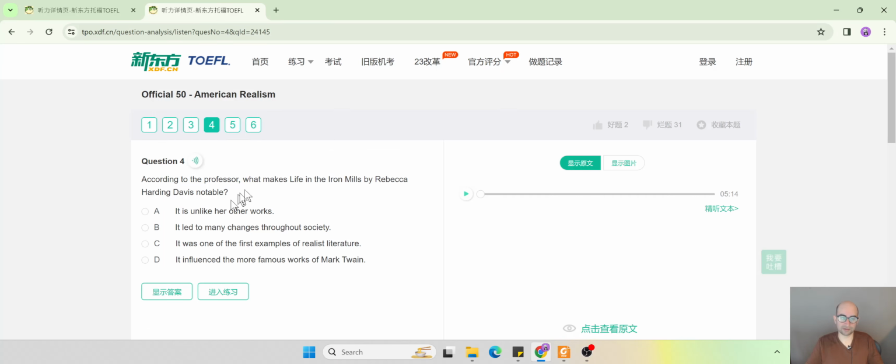This book didn't do that. They just mentioned the author was worried about these changes, not that her book led to these changes. No. Choice C, it was one of the first examples of realist literature. Yes, because they said it was an original work of realist literature. So original has the same meaning as first here, okay? And that's it. You would pick C and move on.